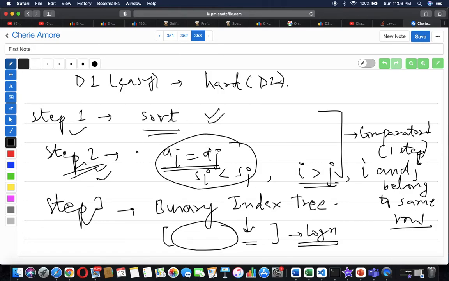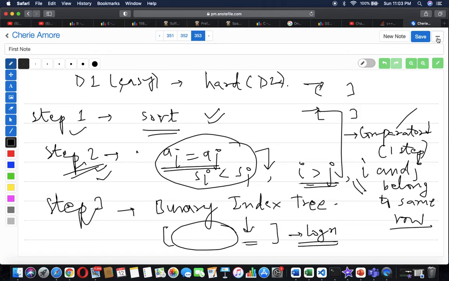If they don't belong to the same row, it hardly matters if you place one guy before the other, without knowing if i is greater than or less than j, because it does not matter if a person is sitting in this row or a person is sitting in the next row. The inconvenience of this is independent of the inconvenience of this. So if you are making sure you need to rearrange this case, there's one condition that has to be covered again, that i and j need to belong to the same row, right?